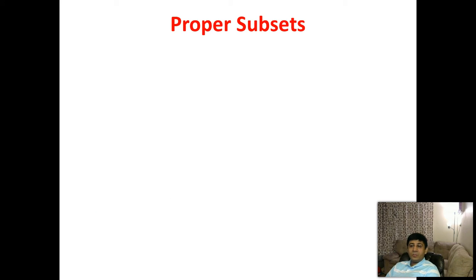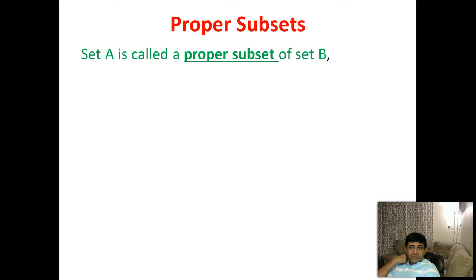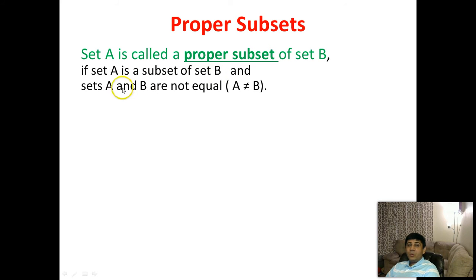Let's move on to proper subsets. Subsets and proper subsets have different definitions. A set A is called a proper subset of set B if set A is a subset of B and both sets are not equal, A is not equal to B. So it's a subset of B and they are not equal.